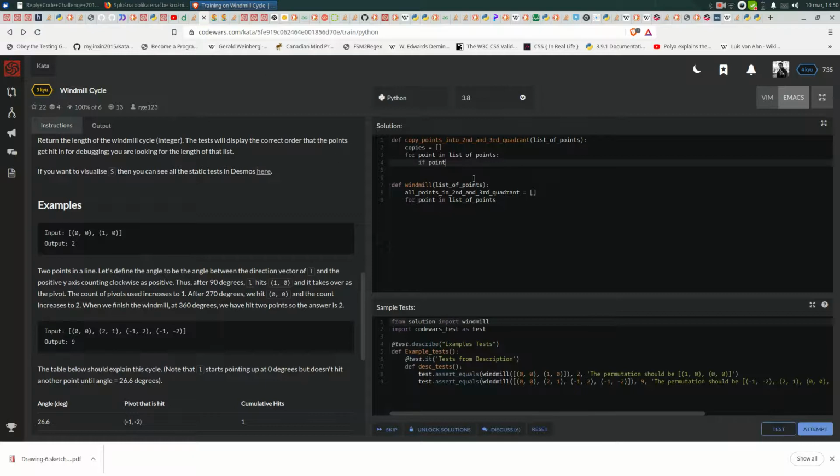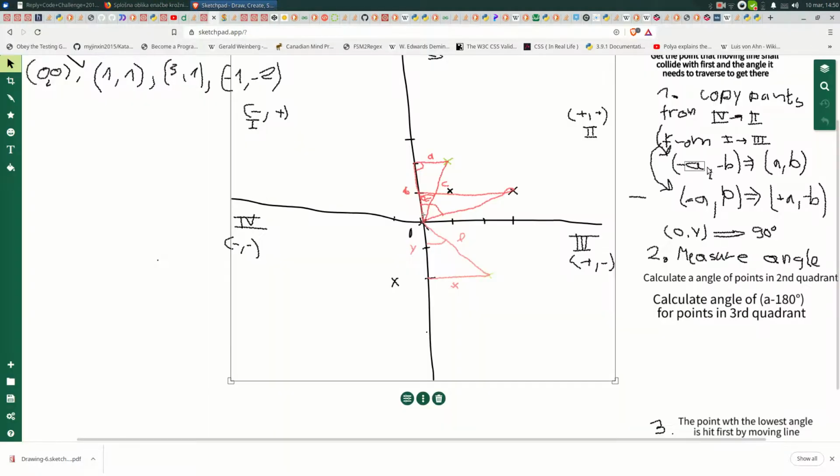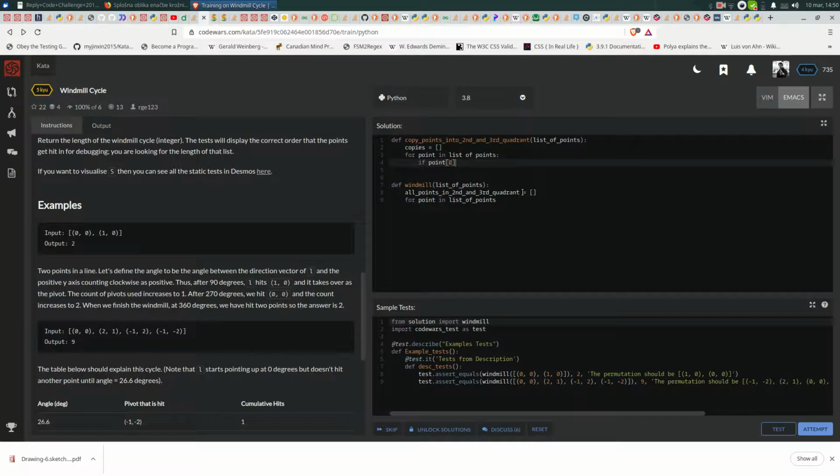So say if point dot the first element is minus, turn that to plus. First element is less than 0.